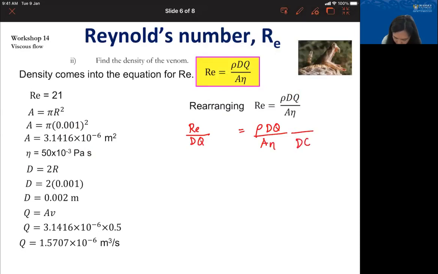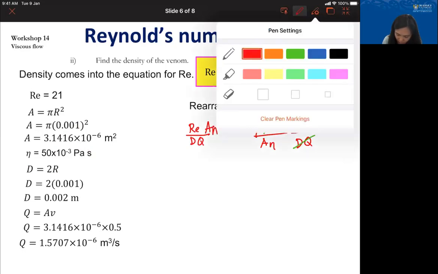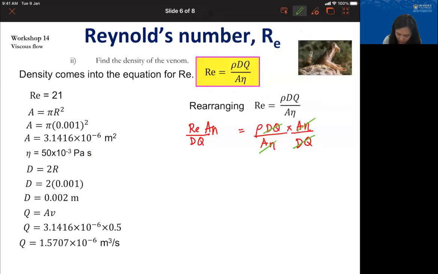Divide by DQ to get rid of DQ, and then to get rid of A times eta, we have to multiply both sides by A times eta, and that gets rid of A times eta.